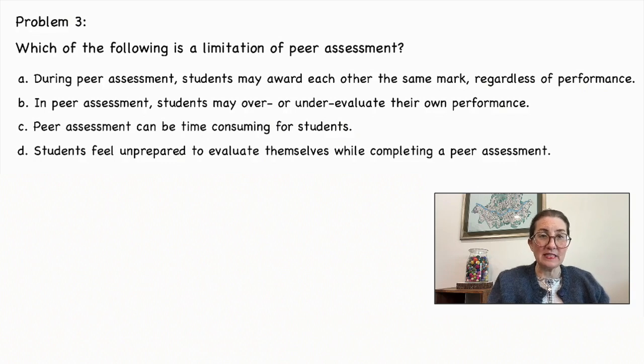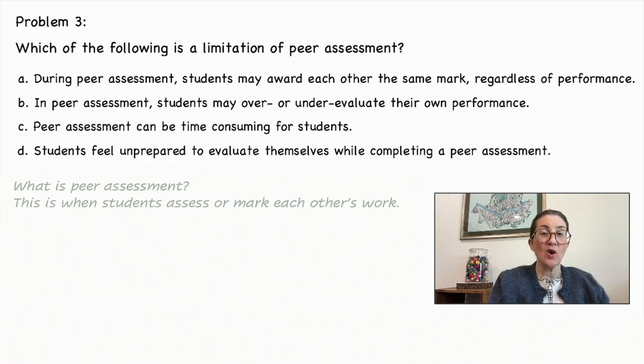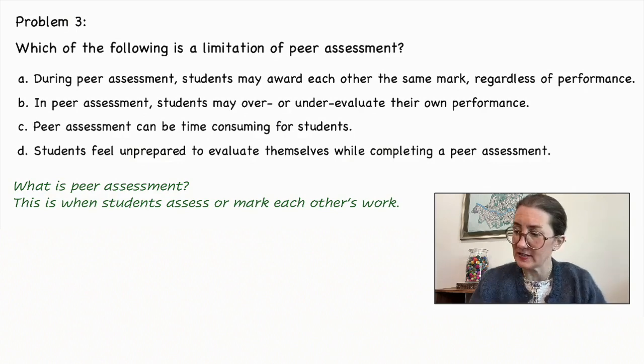Peer assessment can be time-consuming for students, or students feel unprepared to evaluate themselves while completing a peer assessment. What is peer assessment? This is when students assess or mark each other's work. So with that said, we can eliminate 2 of these answers.